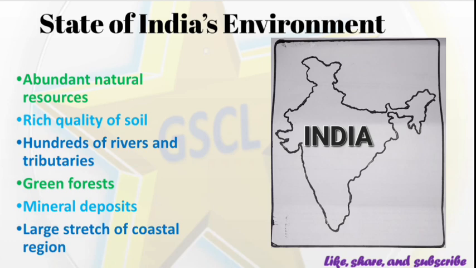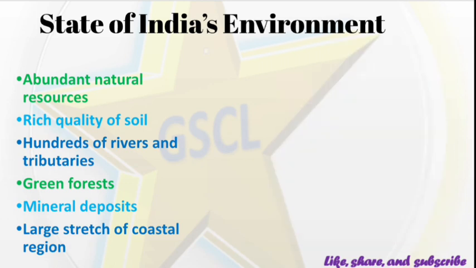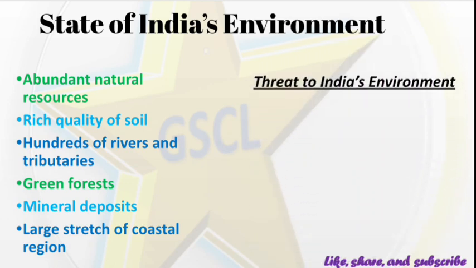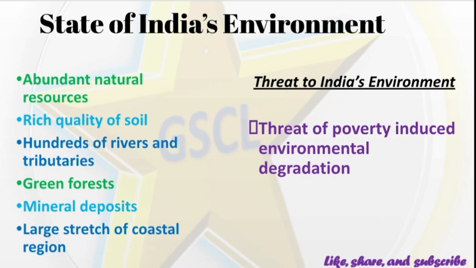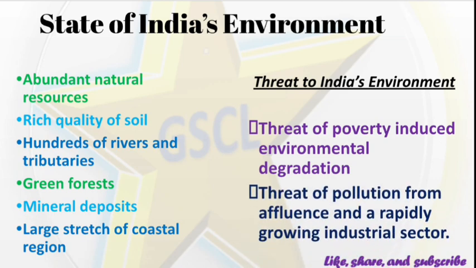Having said that, India also faces threats in the form of poverty and pollution because of affluence and the industrial sector. Poverty, richness, and industries, all the three are reasons for degradation of the environment in India.